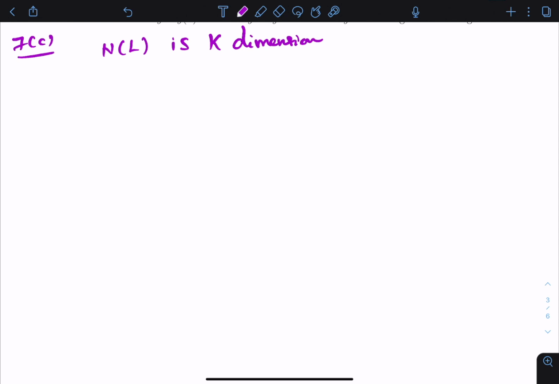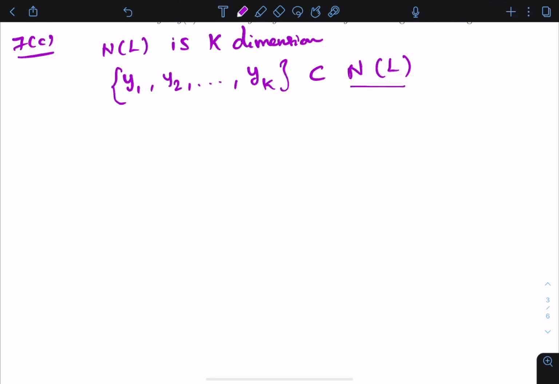So let's call it y1, y2, up to yk. So what is a basis? Every element of NL can be written as a linear combination of these k elements, right? That's what it means when you say it spans the space. So every element can be obtained as a linear combination of these k elements.